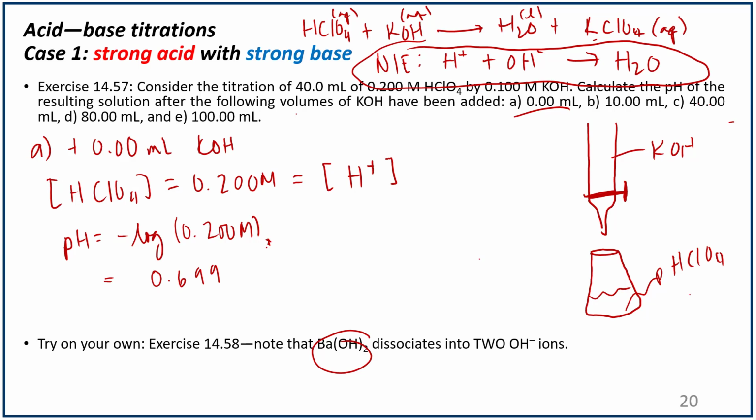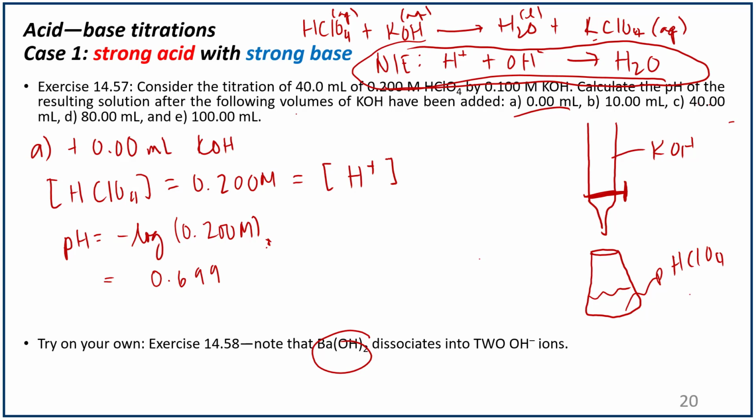And it actually makes calculations with ICF tables difficult. So let's stick again with just the net ionic equation. And that's what we're going to use with this video and the next 2 videos about titration.